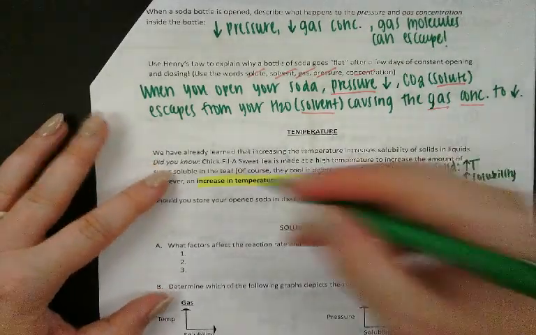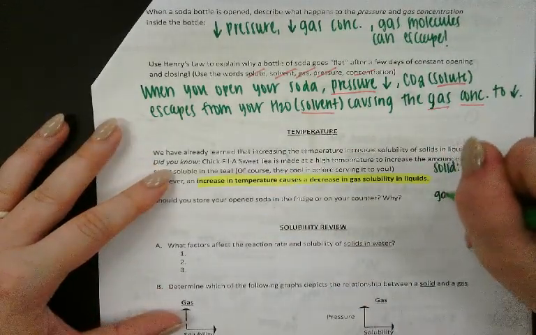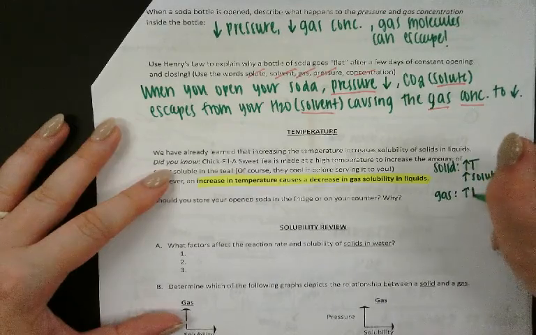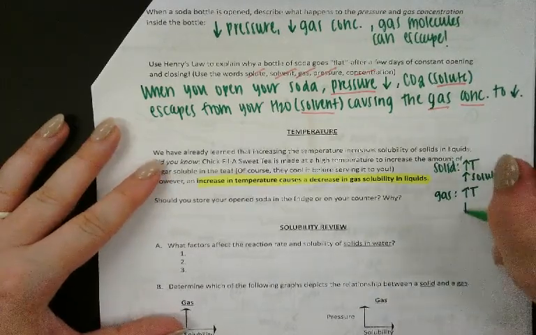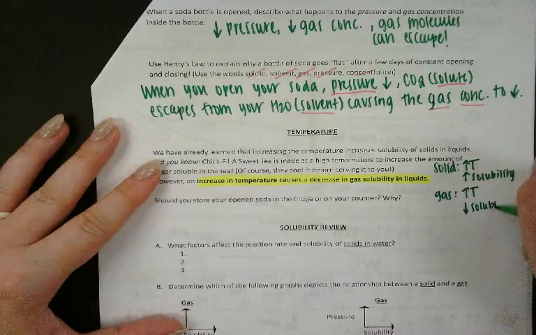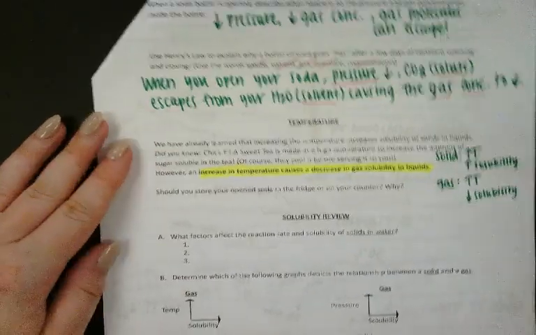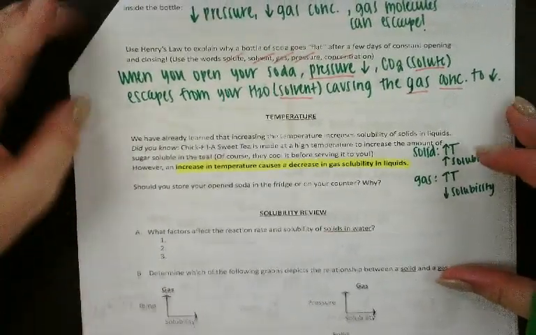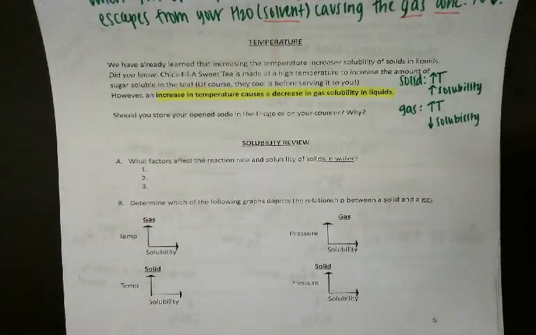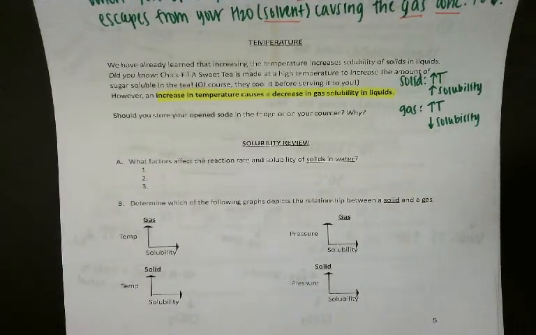However, when you increase the temperature in a gas, you decrease the solubility. Think about any time you've ever had a soda. Your soda always tastes better when it is in the fridge and cold versus when it is warm.